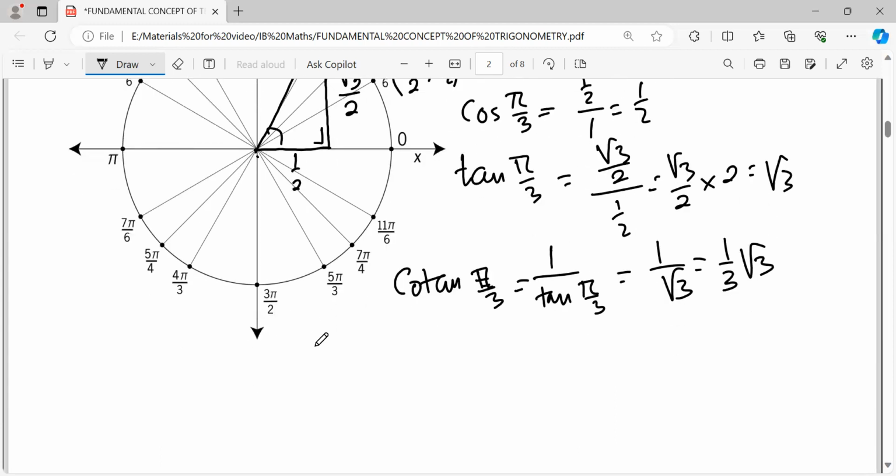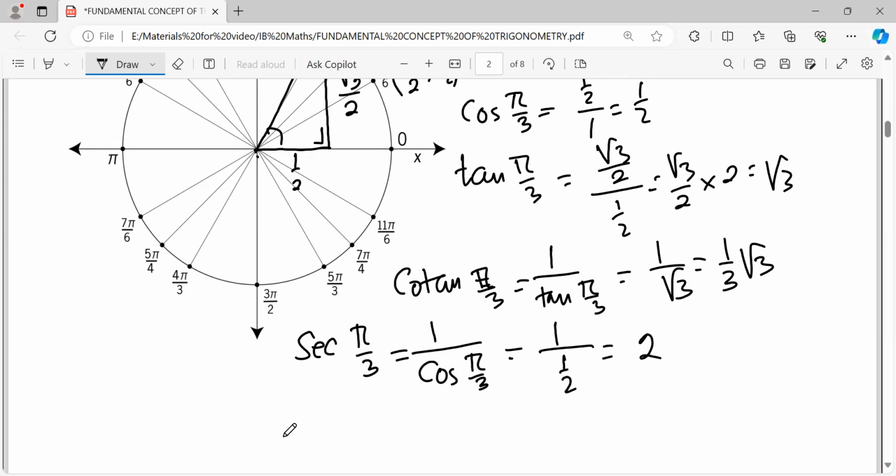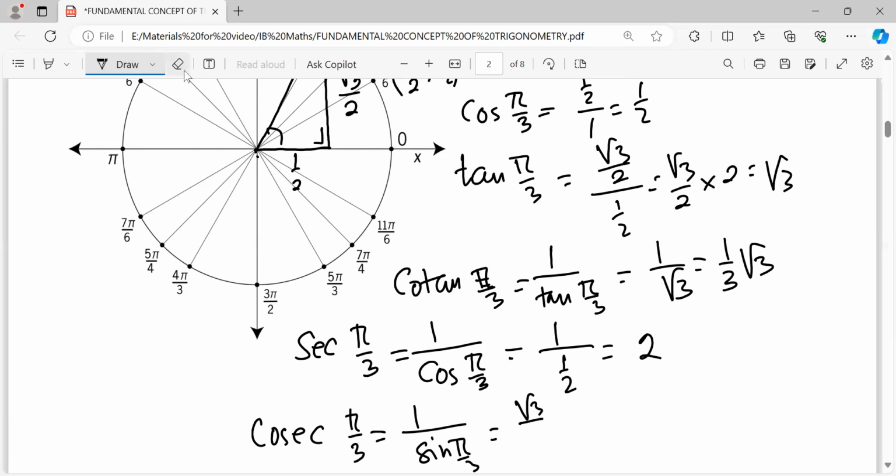And after that, secant pi over 3 equals 1 over cosine pi over 3 equals 1 over half equals 2, and cosecant pi over 3 equals 1 over sine pi over 3 equals 1 over square root 3 over 2.